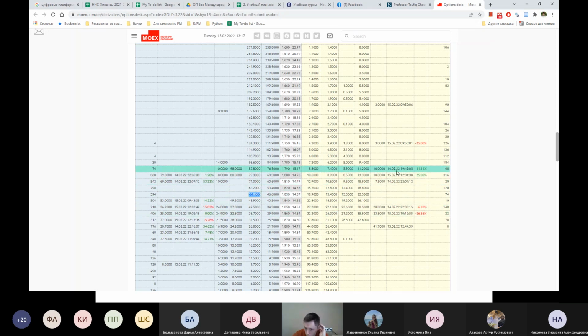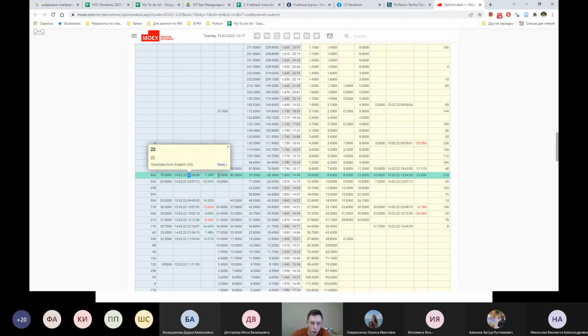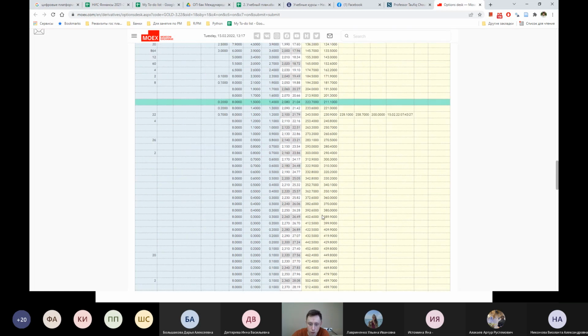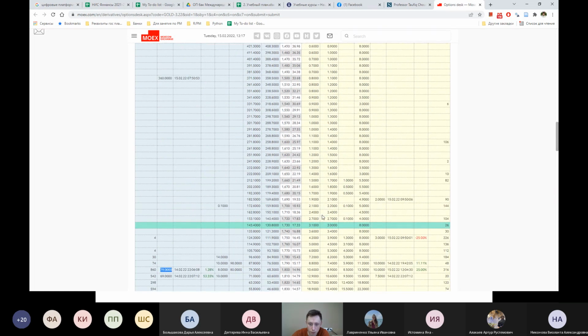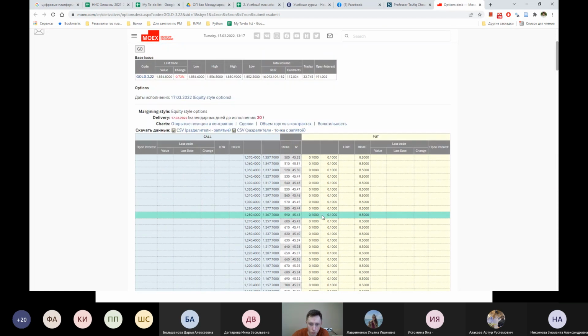So this is how the trading is organized. There are multiple options with the different strike prices, and for them we have from one side call options, from another side put options. Here we have information of the recent transaction, date of transaction, change in price, the price of the transaction, and this is where you can inspect the real trading on the options.